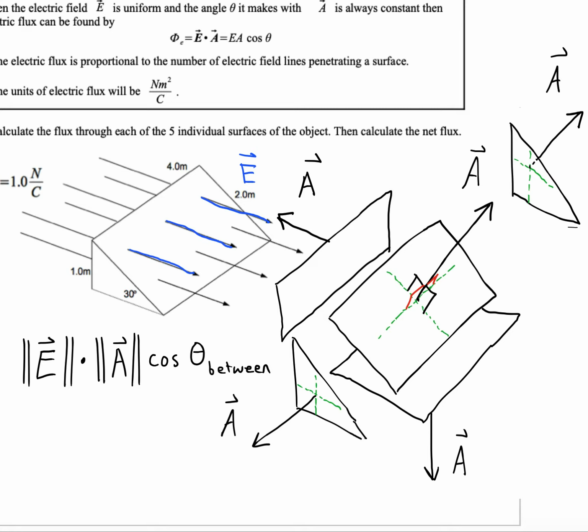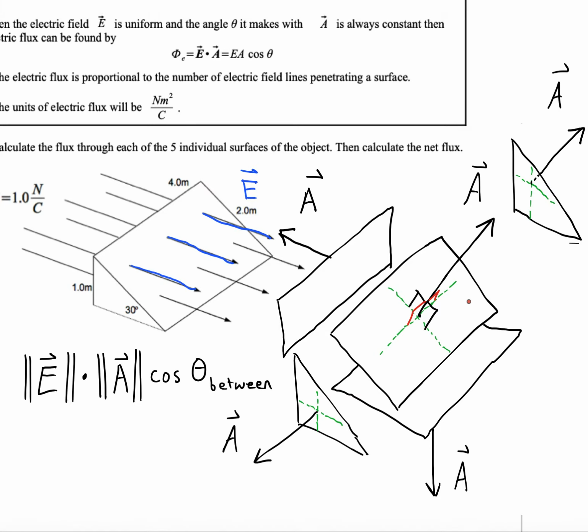Let's give all the surfaces letters. We can call this surface A. This one can be B. This can be C. And then we have D and E. Let's find the flux through B first.